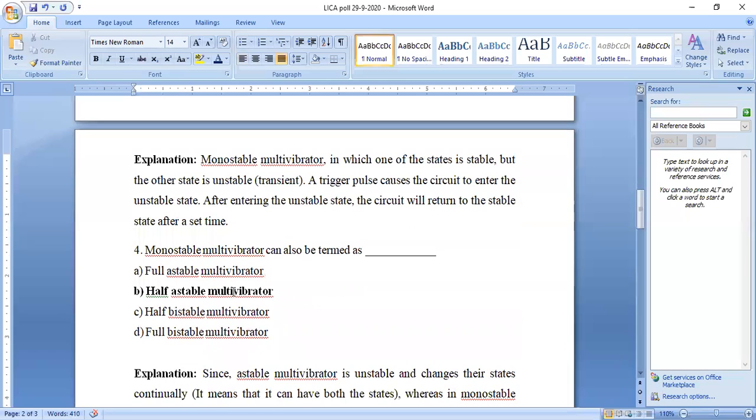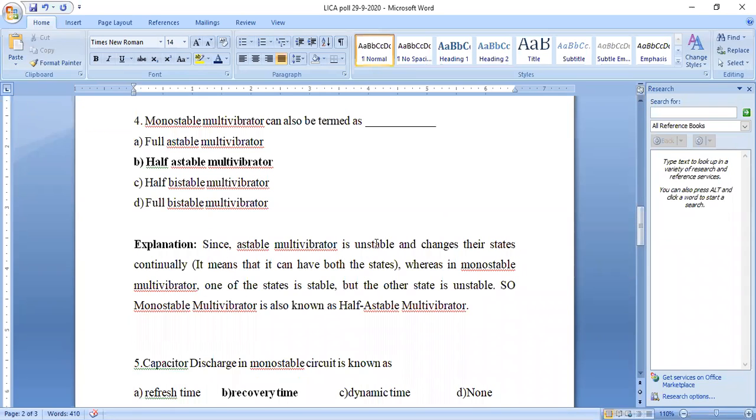The fourth question: the monostable multivibrator can also be termed as? Mostly it is termed a half stable multivibrator, since in its behavior it acts like a half stable multivibrator. 43% of the people chose this answer, but 38%, 20 students, chose the wrong answer.